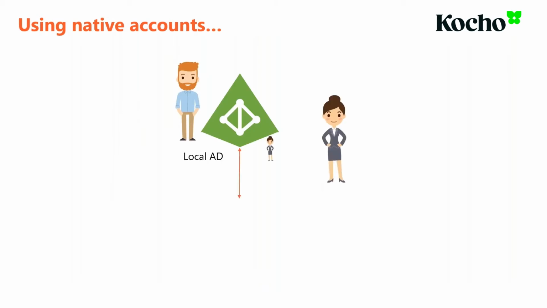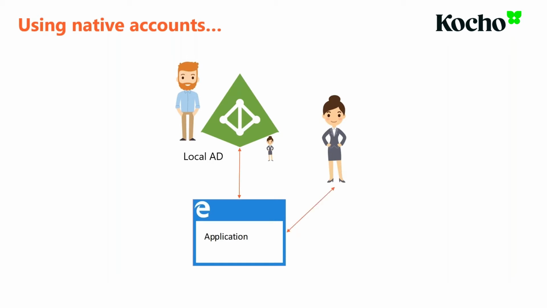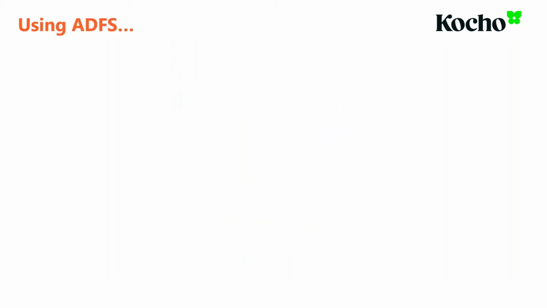So an account for Angela has been created in the local Active Directory with a username and password. Angela's been able to then log on to the application. That's all very well, but it ends up being Corpco that needs to look after that username and password. If Angela leaves TinyCo, her company, that username and password hasn't changed. She's still got access. So it can end up with some messy housekeeping.